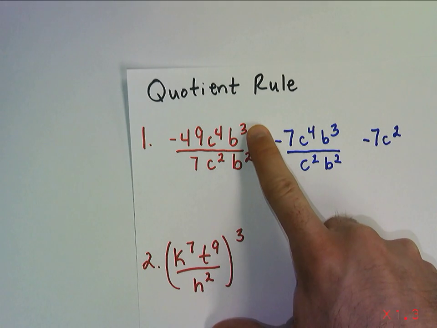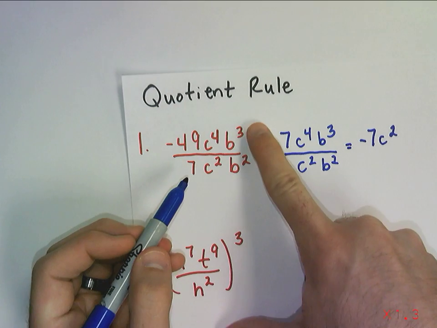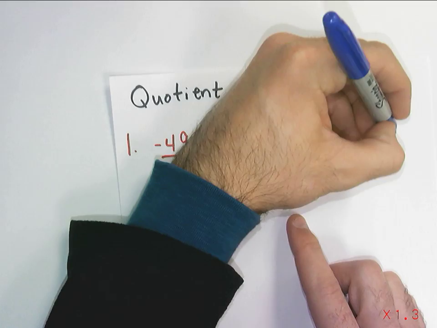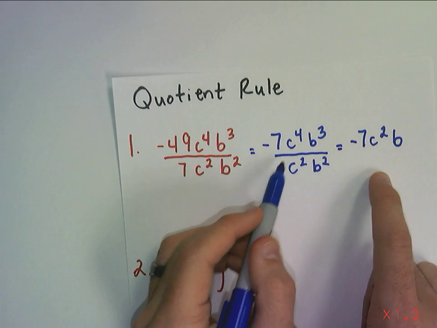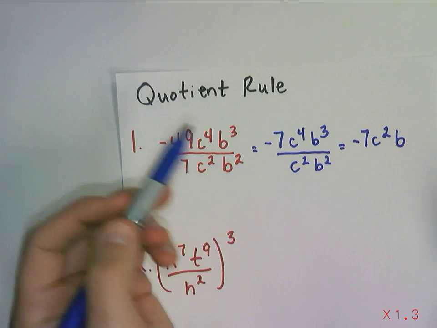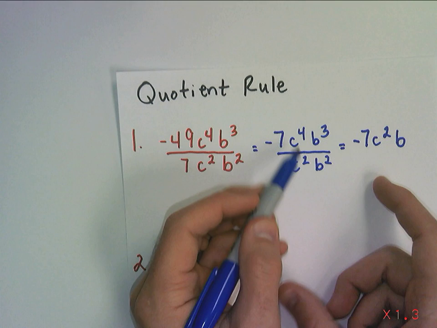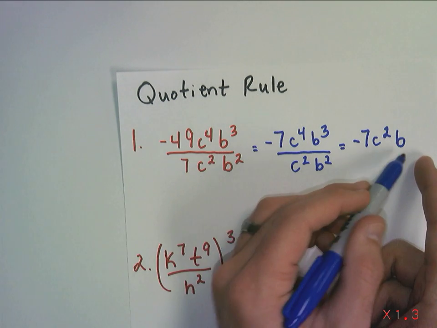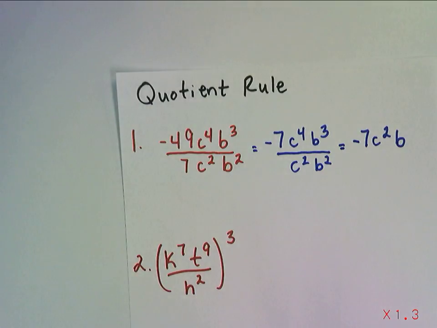And then with b, so I should put equal signs in here first, 3 minus 2 would be 1. So this would just be times b. And there wouldn't be anything in the denominator because we subtracted those. If there was a negative exponent, for instance, then that would maybe warrant something in the denominator, but this one worked out where that doesn't happen.